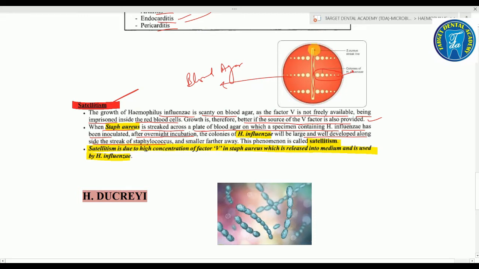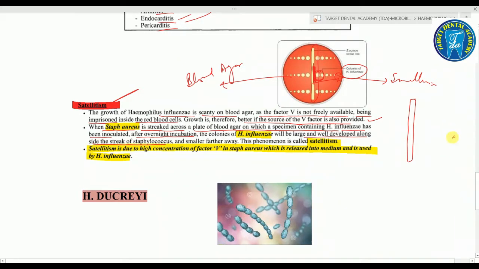In this, this is a streak of Staphylococcus aureus, and the colonies of H. influenzae are larger and well developed along the side of the streak of the Staphylococcus, while they are smaller farther away from the streak of the Staphylococcus aureus.